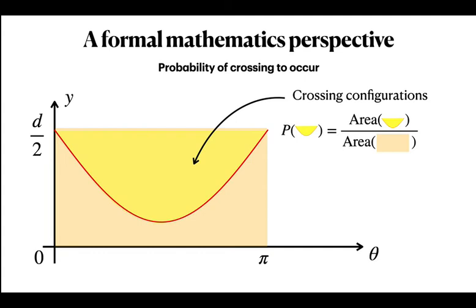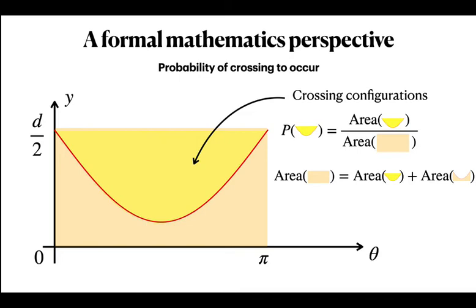We are almost there, but we need to find a way to calculate the area of this yellow domain. The way I'm going to do it is as follows. The area of the beige rectangle is of course equal to the area of the yellow domain plus the area of its negative part, the complementary part of the yellow domain that forms the beige rectangle when put together.